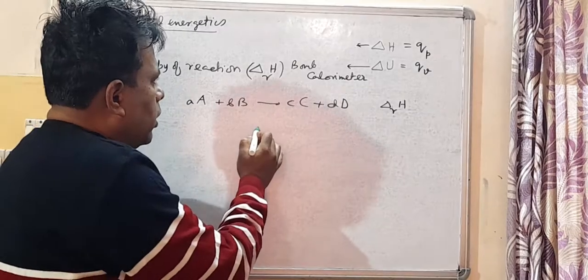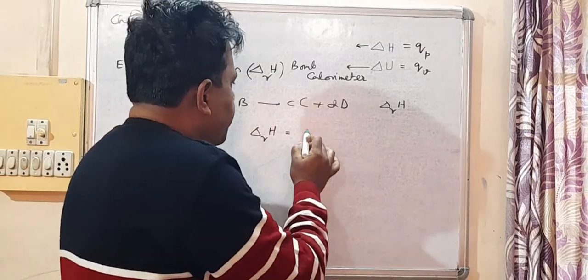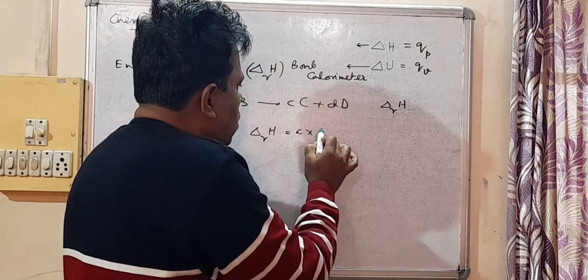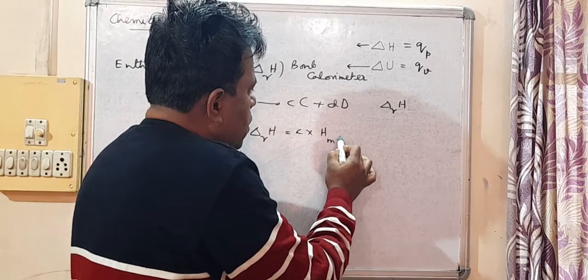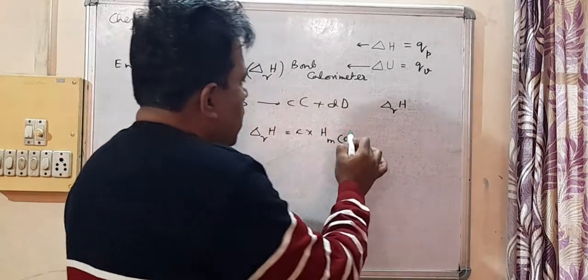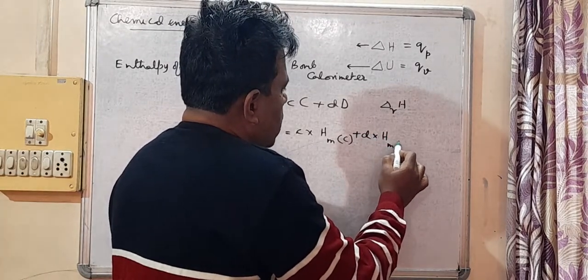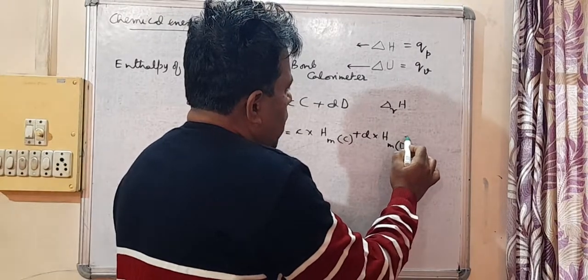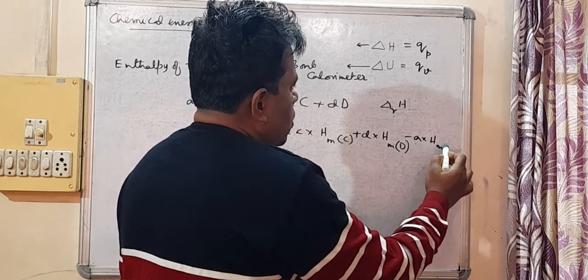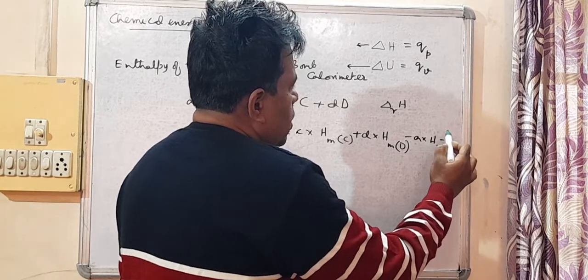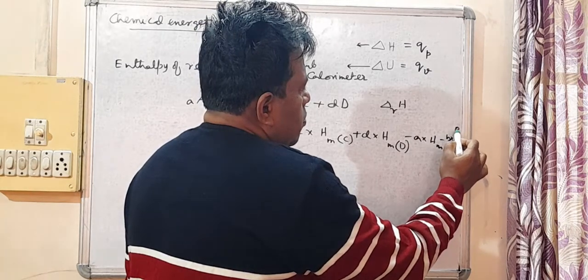And this delta HR can be found in this way: c into molar enthalpy of substance C plus d into molar enthalpy of substance D minus a into molar enthalpy of substance A minus b into molar enthalpy of substance B.